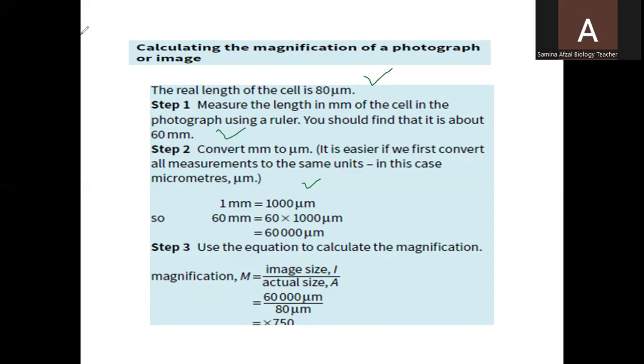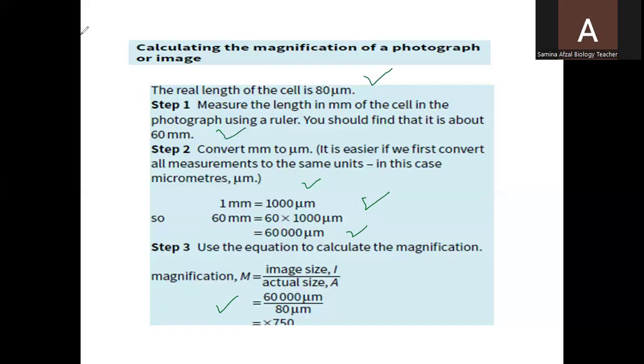So it is about 60 millimeters. We will multiply 60 with 1000, so it will become 60,000 micrometer, because micrometer is a smaller scale than the millimeter. Then we will use the simple equation of magnification, which is equal to image size divided by actual size.